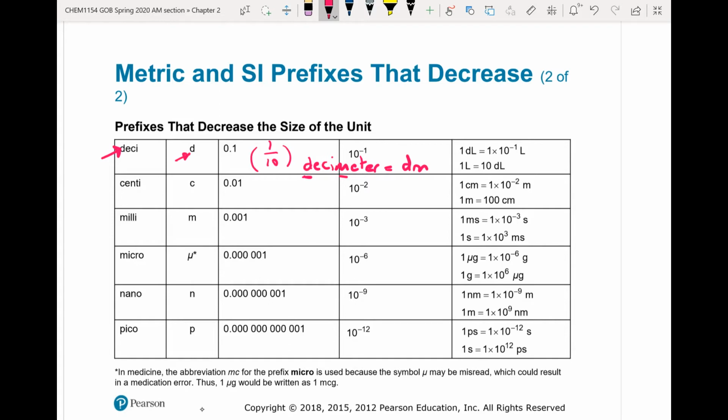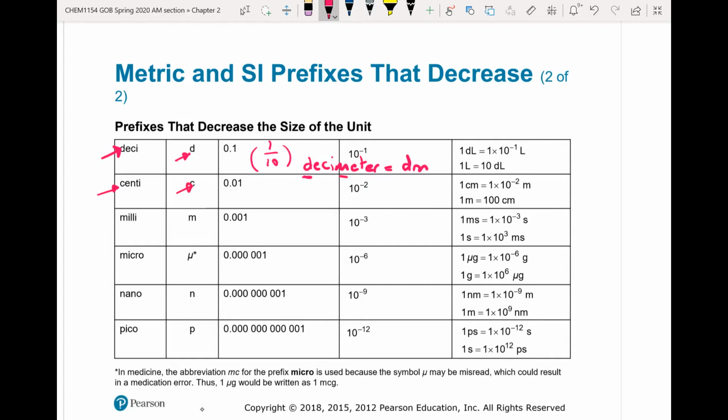A deciliter would be small d, big L, because big L is the symbol for liter. So 1 deciliter is 1/10th of a liter. 1 decimeter is 1/10th of a meter. A decisecond is 1/10th of a second. A decigram, 1/10th of a gram. So you put deci in front of something, you get 1/10th of that thing.